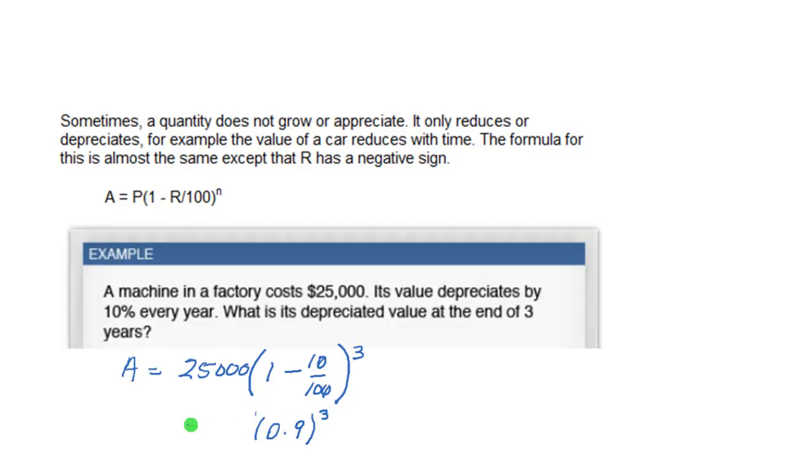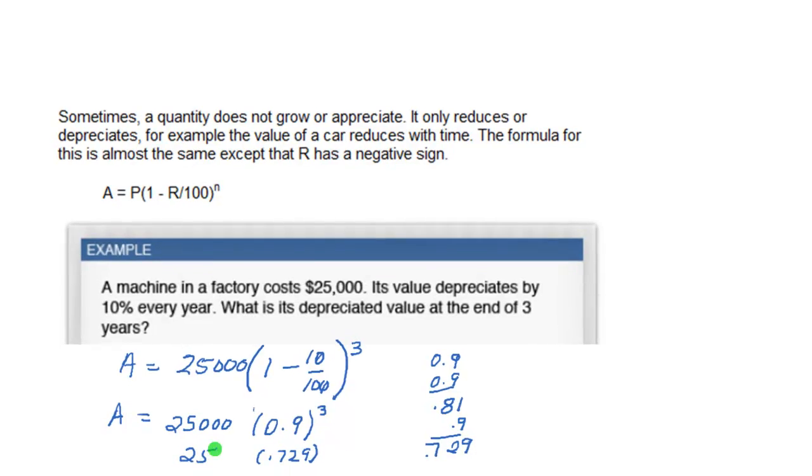And we're going to have to cube that. So 0.9 squared is 0.81, times another 0.9 is 0.729. That's what goes here.